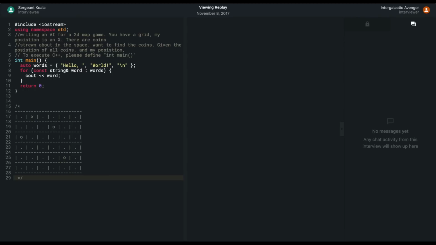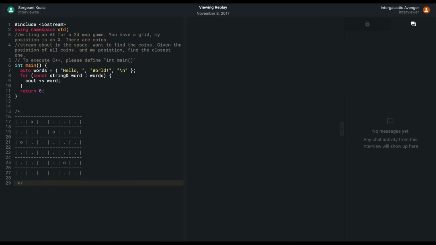For this exercise, let's just use the Manhattan distance. Let's say you can only go up, left, down, and right. So for example, you're at X and Y, say 2, 1, and the coin is down at 1, 3.